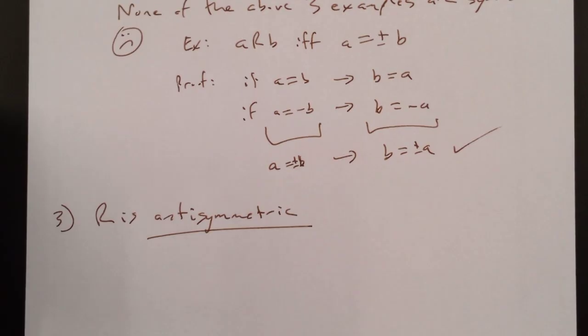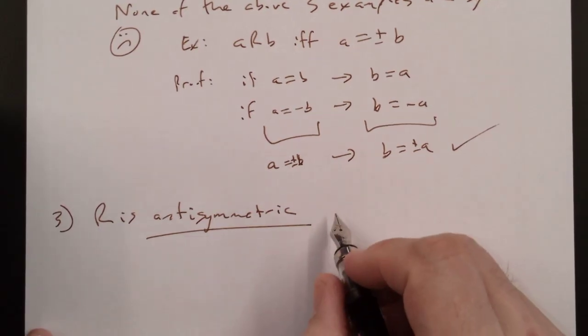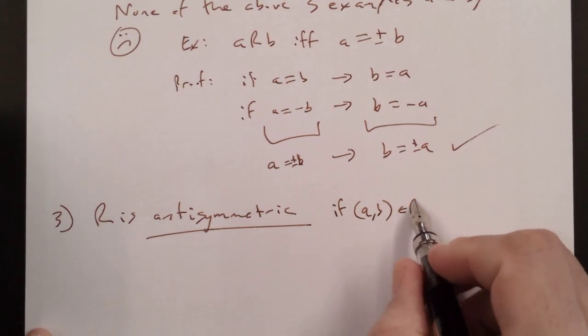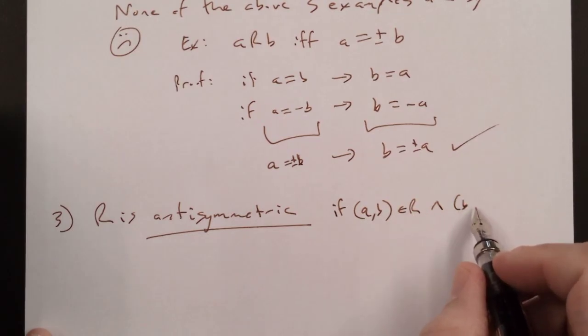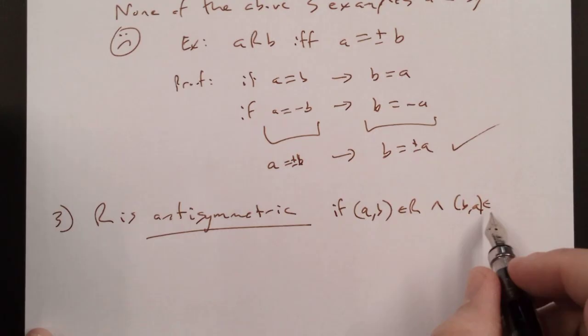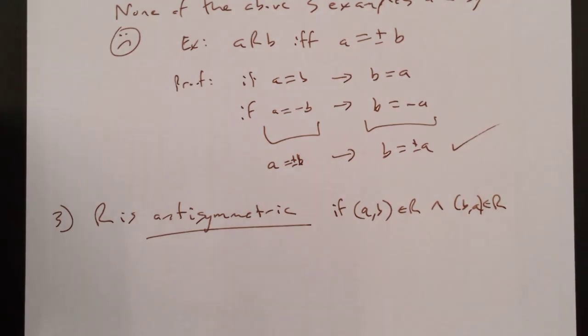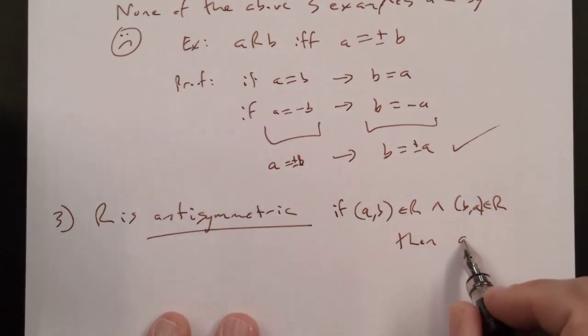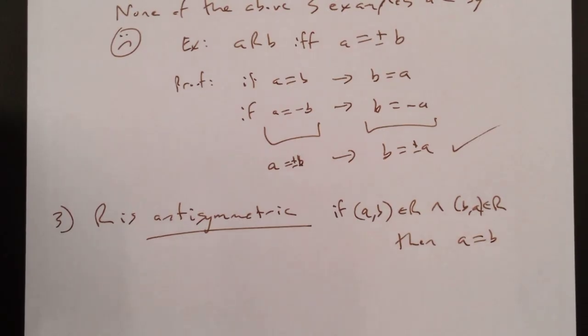This is a new definition. Let's suppose that both AB and BA are in my things. Those would be the pieces that made up symmetry, right? The only way to have that happen is if the two things are equal.